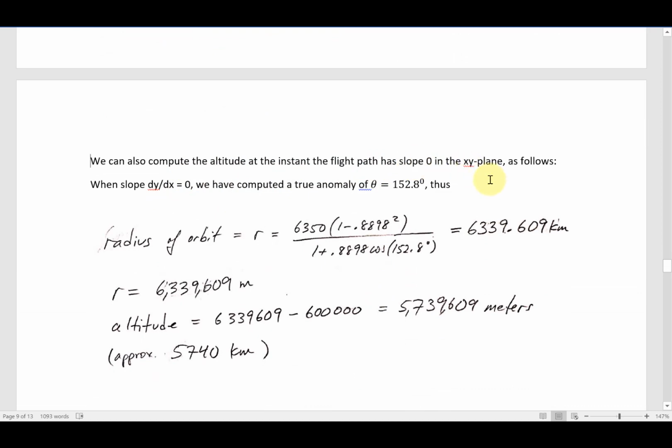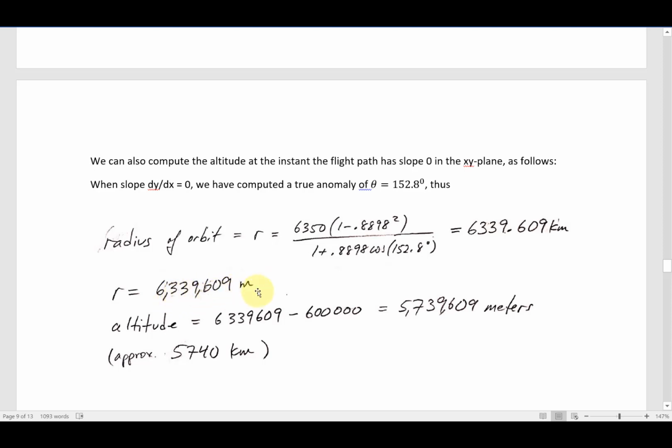When the true anomaly is 152.8, we get the radius of the orbit using our polar equation for the orbit with an eccentricity, theoretically, of 0.8898. It should be about 6339 kilometers, which is 6,339,609 meters.